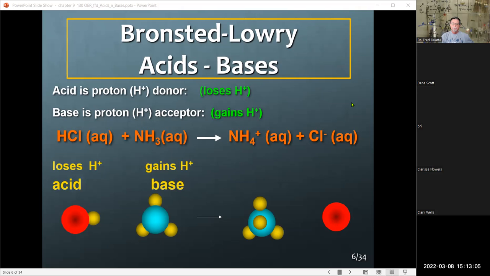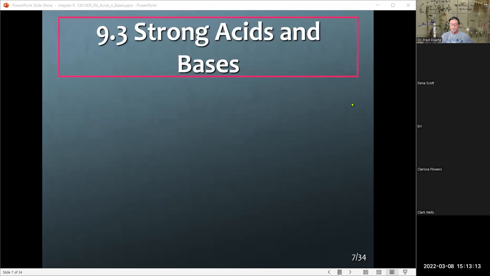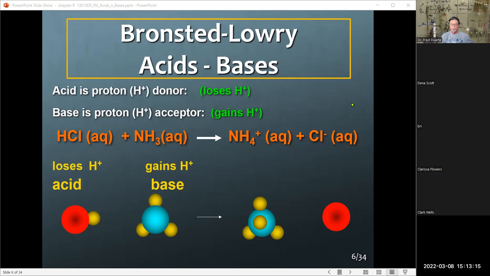HCl loses the proton, and in this case, the ammonia gains the proton, and therefore is classified as a base.